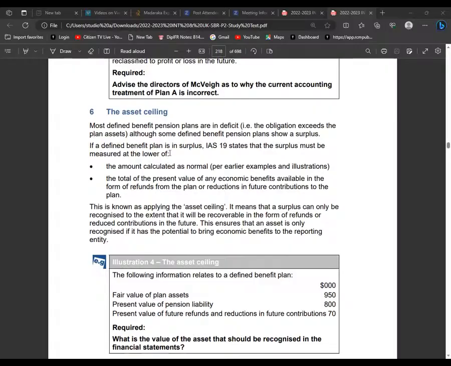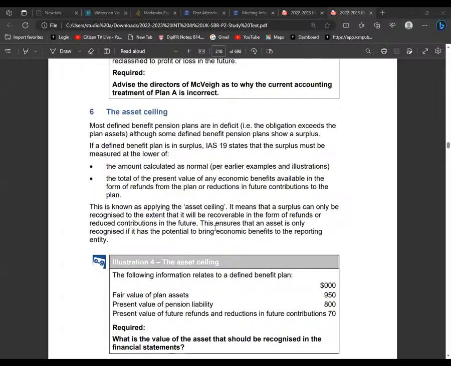If a defined benefit plan has a surplus, IAS 19 states that the surplus must be measured at the lower of the amount calculated as normal, and the total of the present value of any economic benefits available in the form of refunds from the plan or reductions in future contributions to the plan. This is known as applying the asset ceiling. It means that a surplus can only be recognized to the extent it will be recoverable in the form of refunds or reduced contributions.